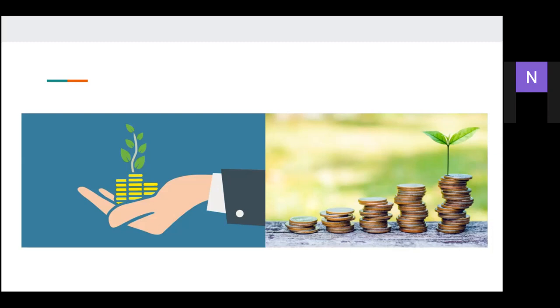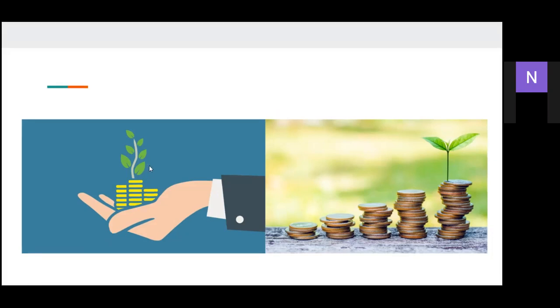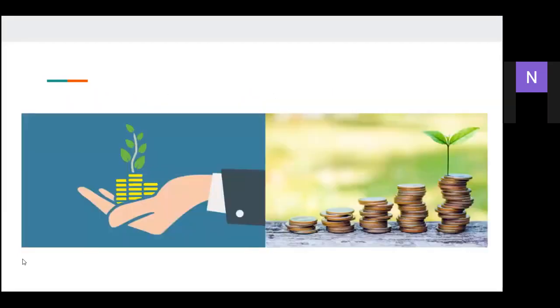Tapos, kapag nag-invest kayo sa nililigawan nyo, anong benefit ang makuha nyo doon or return of investment? Kapag nanligaw ka ba, okay lang hindi niya ako sagutin? Siyempre hindi, di ba? Ang inaasahan mong kapalit nun is yung mapapa-oo mo siya. So, yun yung parang return of investment mo.